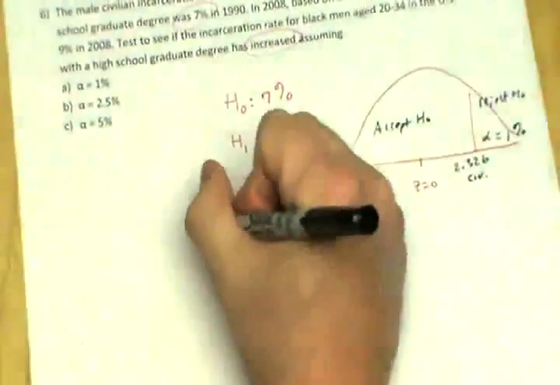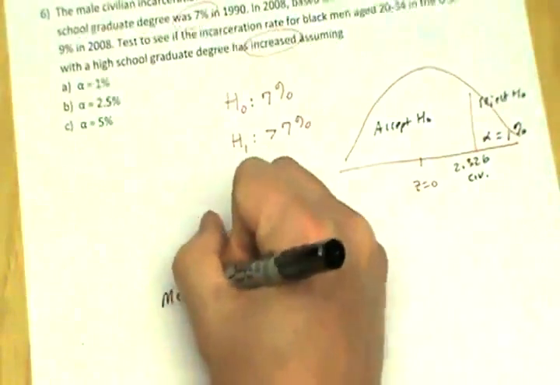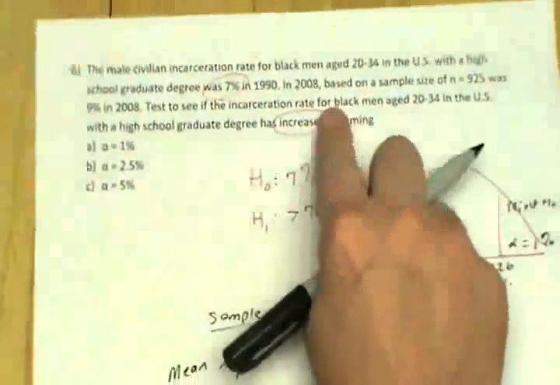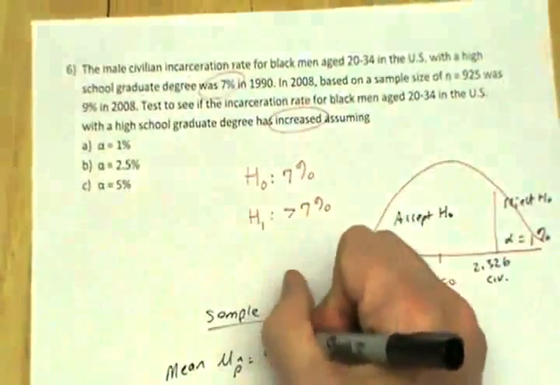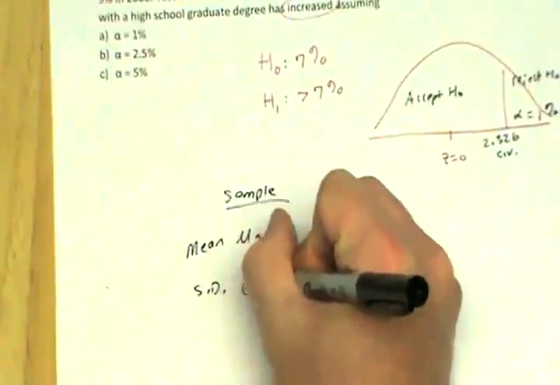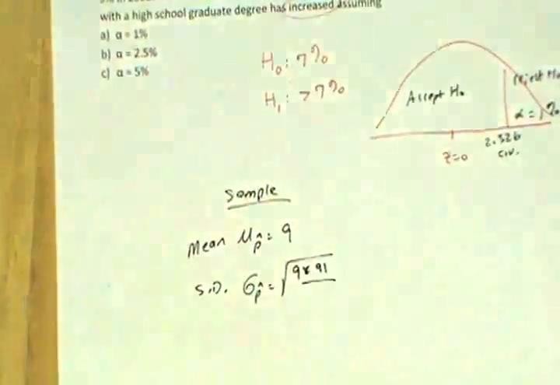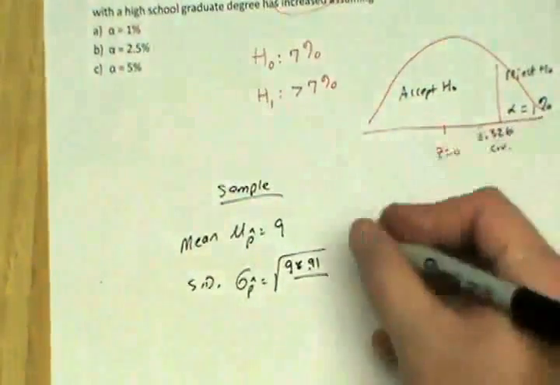Okay, our sample. This is a percentage question, so our mean, right here, based on a sample, we got back a sample of 9%. So 9 is our sample. Standard deviation, it's a percentage question, so 9 times 91. 9% were incarcerated, 91% were not.